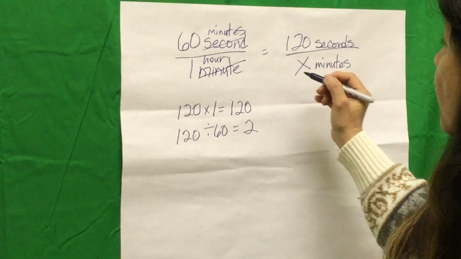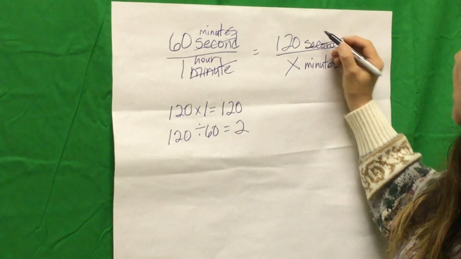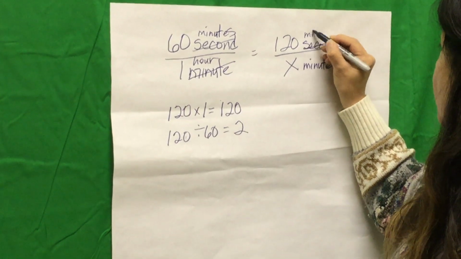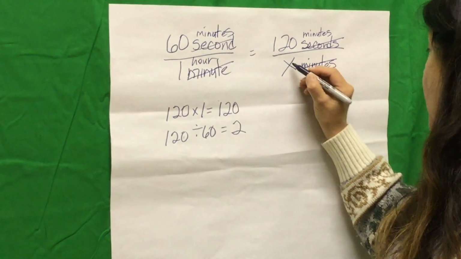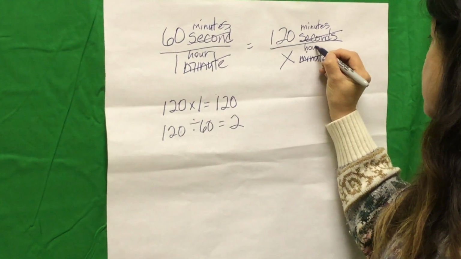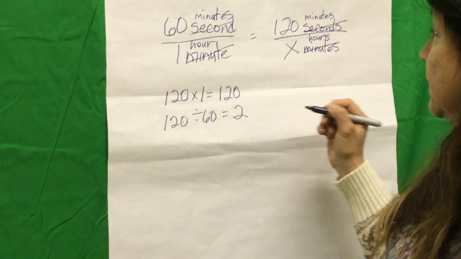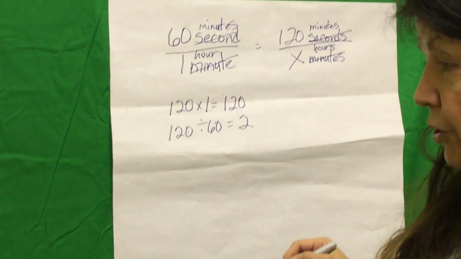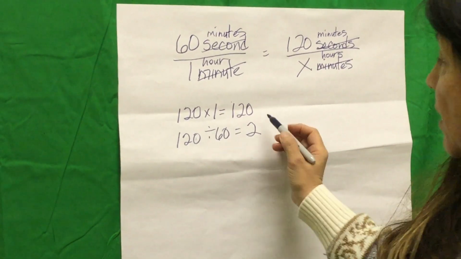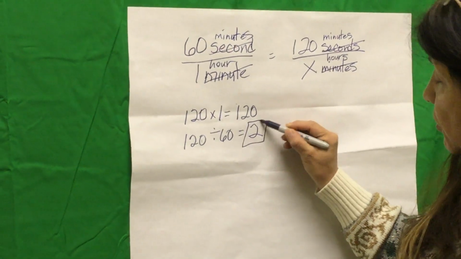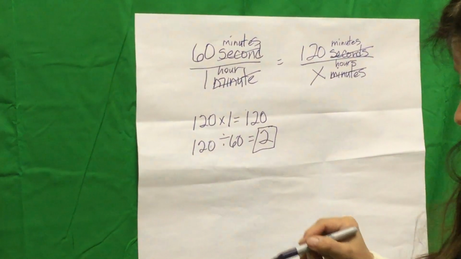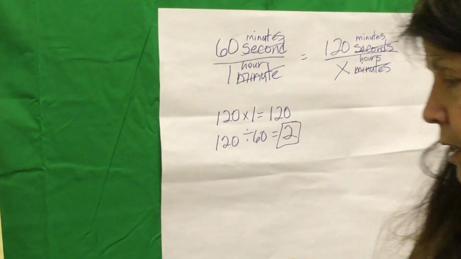So 120 minutes equals how many hours? Since it's 60 per unit, then you come up with the same answer, 2, which is similar to the problem in your handouts you got in your packet.